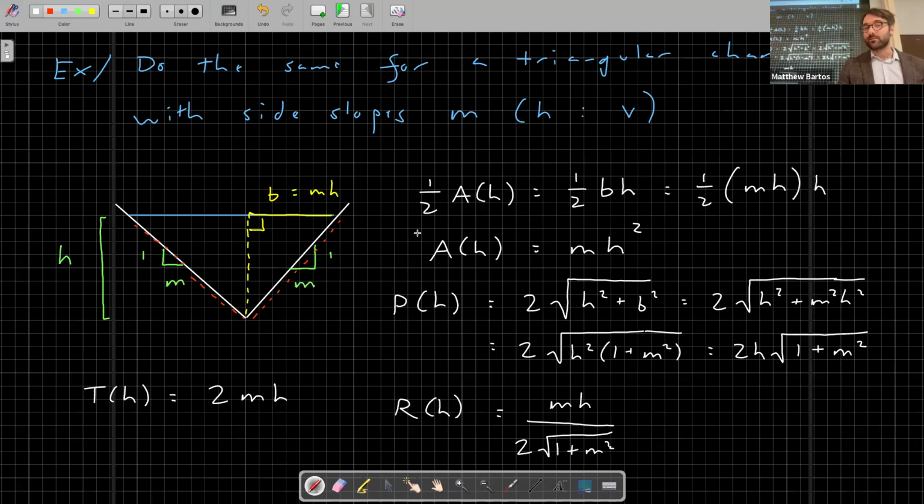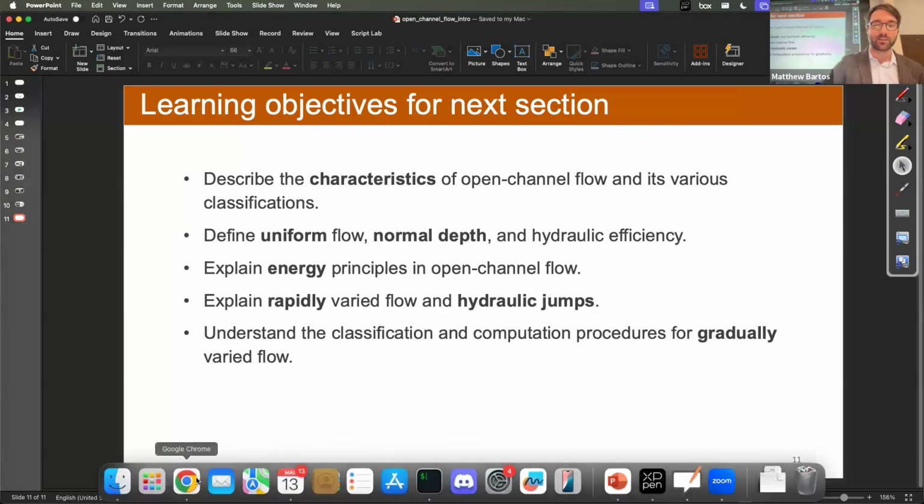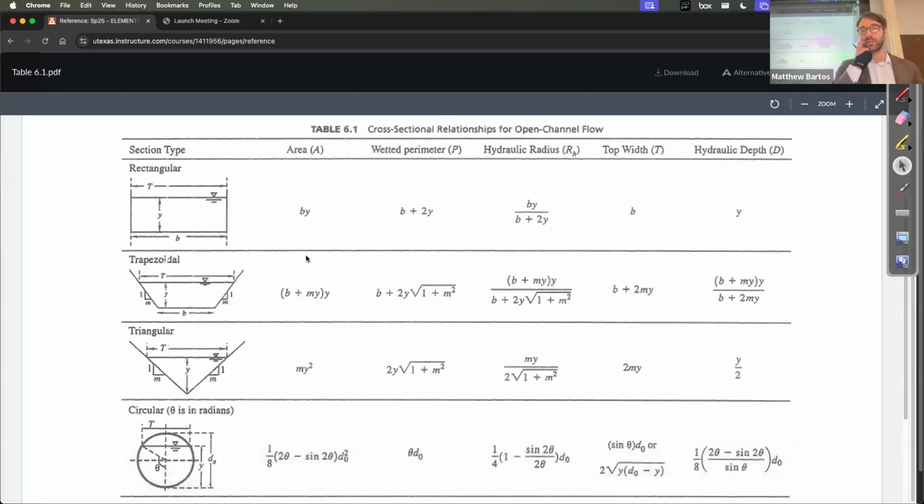So there are other types of prismatic channels. I have for you a reference table up on Canvas. So if you go to Canvas Pages Reference, there is a table for hydraulic geometries that'll give the equations for different hydraulic geometries for different channel types. So we have rectangular, triangular. Trapezoidal is just a combination of a rectangle and a triangle, but you have equations here for your convenience.